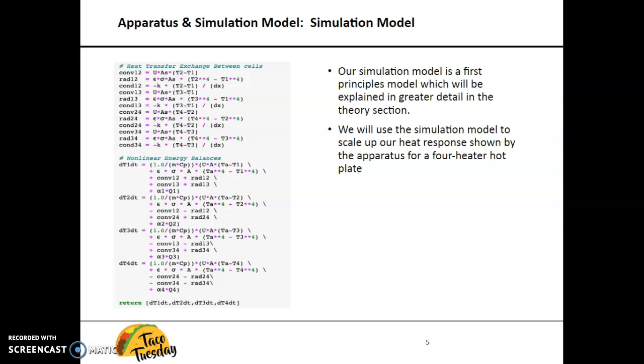And in our code, we used the properties of a typical aluminum hot plate, like the thermal conductivity, emissivity, and mass. Using these properties allowed us to scale up our heat response to the appropriate size of a typical hot plate. And ideally in the future, more than 4 cells will be used to accurately model the heat transfer of the hot plate. Bravo will talk about some advantages of that later.